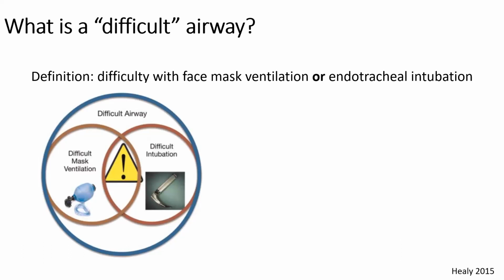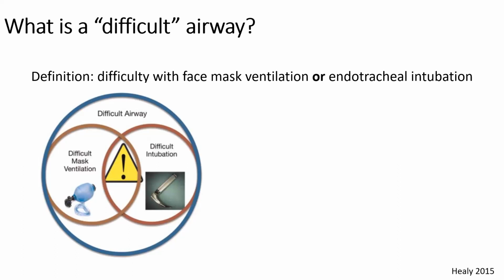So you can have a patient who is difficult to mask ventilate, but if they're not difficult to intubate, we're able to intubate them. And likewise, you can have a patient who is straightforward to mask ventilate, but we have difficulty with intubation, whether that's with achieving a view to pass the tube or with physically passing the endotracheal tube.